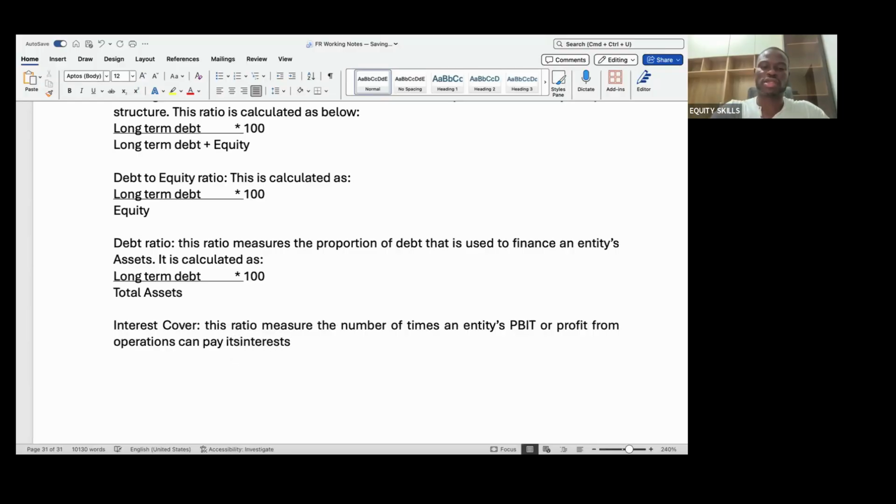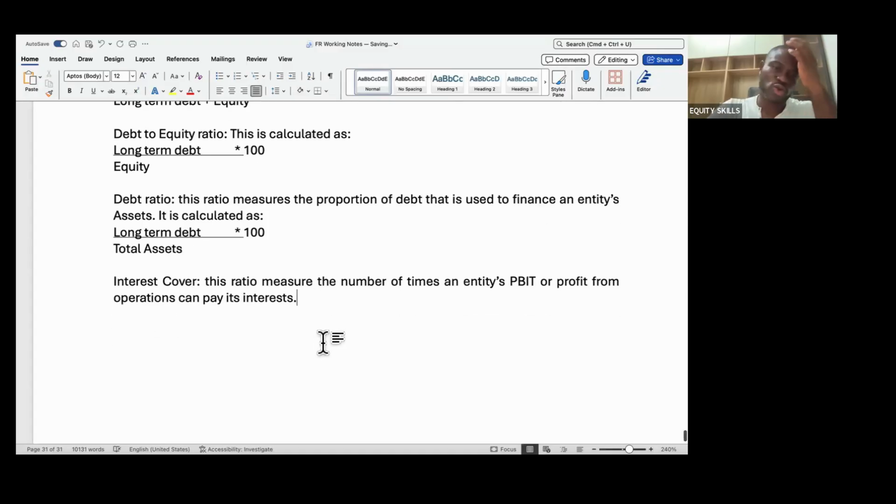So of course, the higher the better. It shows that you're highly profitable, and you won't be exposed to financial risk if your interest cover is high. It means the company will not be exposed to financial risk.